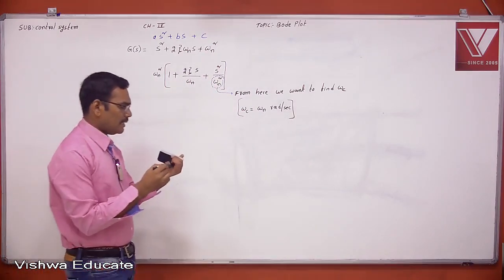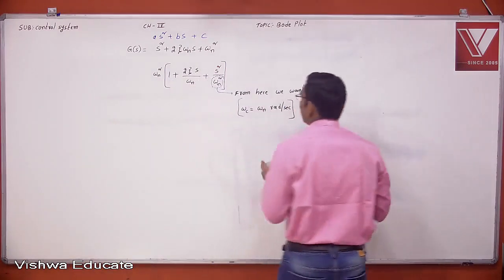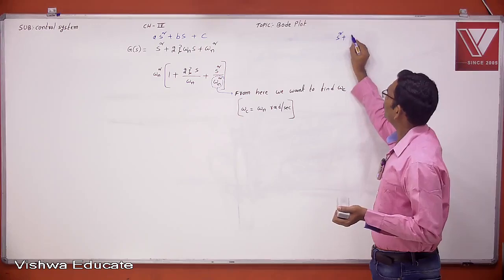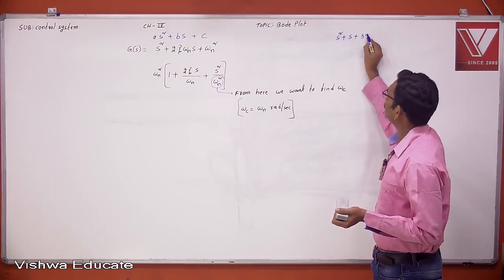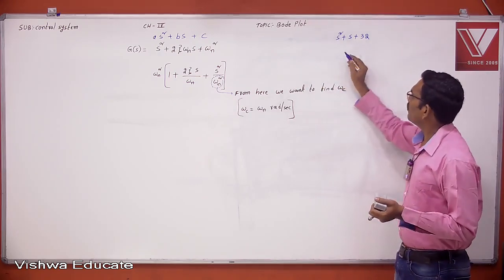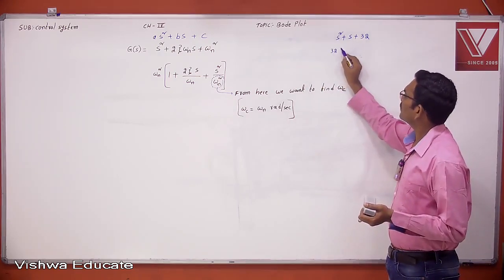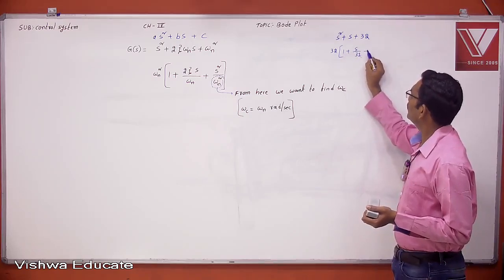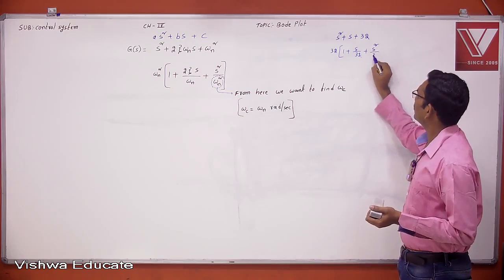For easy understanding, I will take one simple problem so that you can easily understand. Let us take the polynomial s square plus s plus 32. This is the same polynomial. First convert it into time constant form: 1 plus s by 32 plus s square by 32.